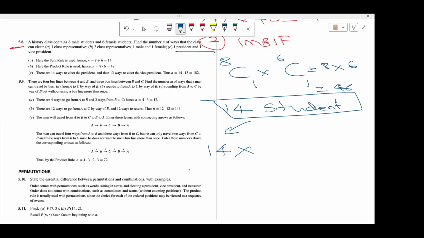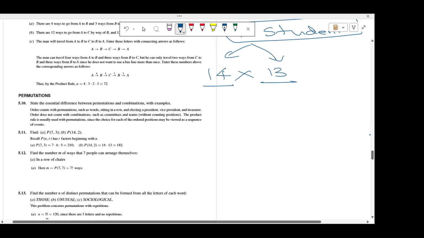If we select one person as president, we cannot select the same person as vice president. So for the president we have 14 options, but for the vice president we have only 13 options, because we already selected one person as president. So 14 into 13. This is the normal way.